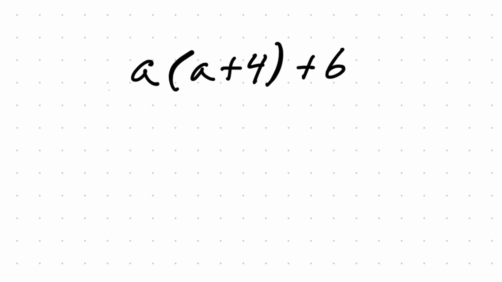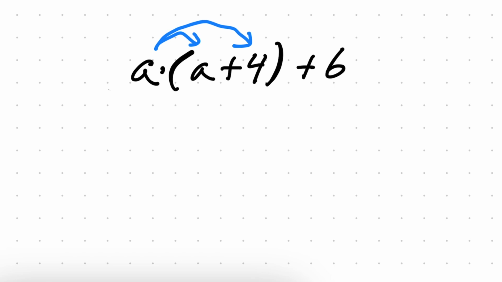Okay, so not all the problems are going to be that simple. Sometimes you have more than a few steps. In this problem, you have a plus 6 outside the parentheses. So you're not going to multiply that with the a. The a, you're only going to multiply to everything that's inside the parentheses. So you're going to multiply the a times the a and the a times the 4, anything that's inside that quantity.